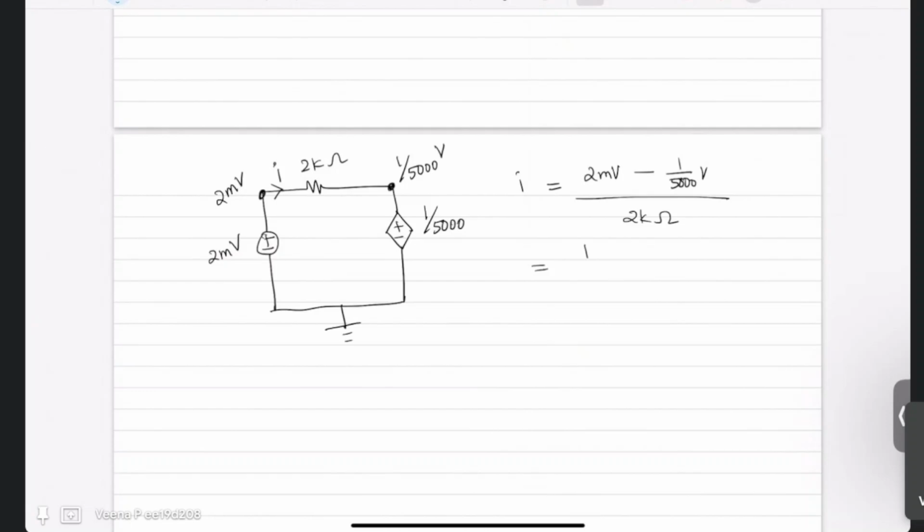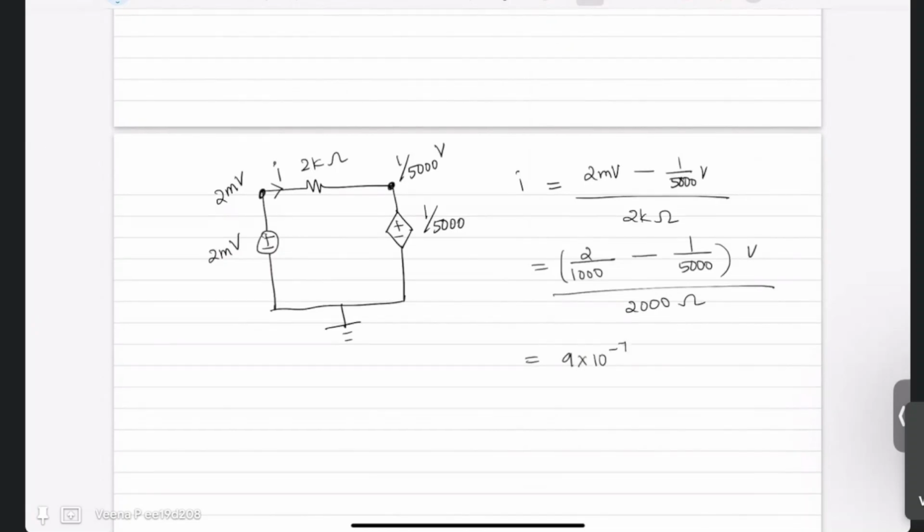So 2 millivolt is nothing but 2 by 1000 minus 1 by 5000, that much volts divided by 2000 ohms. So this will come out to be 9 into 10 raised to minus 7 volts per ohm.